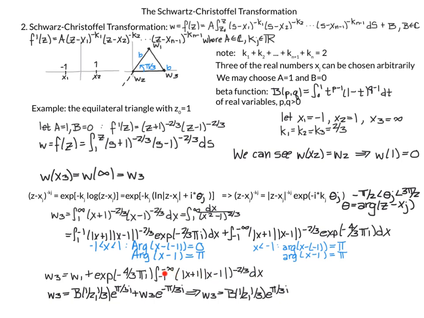This was our original W3, which is over here. So this is W3 times e to the minus pi over 3 i, which implies that W3 is equal to b times the beta function of 1/2, 1/3, times e to the pi over 3 i.